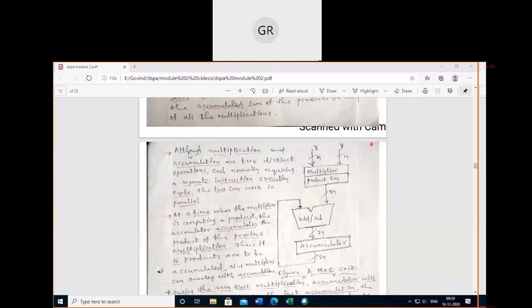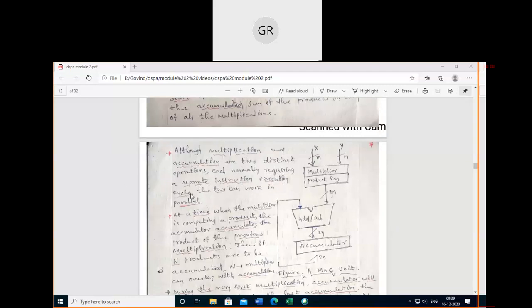Although the multiplication and accumulation are two distinct operations, each normally requiring a separate instruction execution cycle, the two can work in parallel.